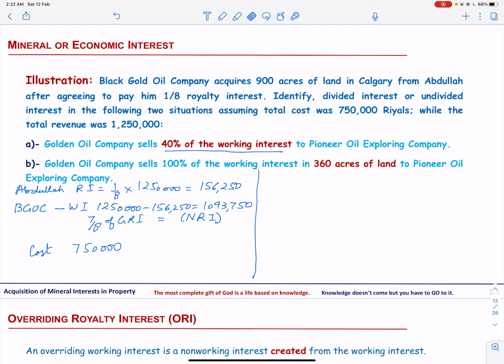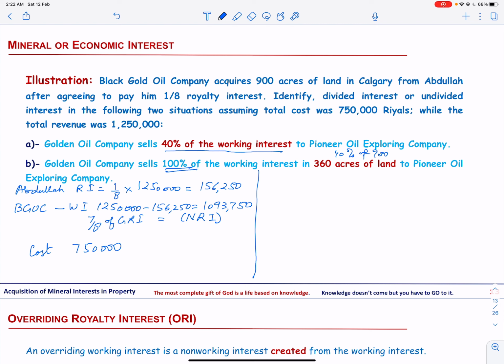Golden Oil Company sells 100% of the working interest in 360 acres of land. Now here they are selling 100% in 360 acres of land, that is 40% of 900 acres.